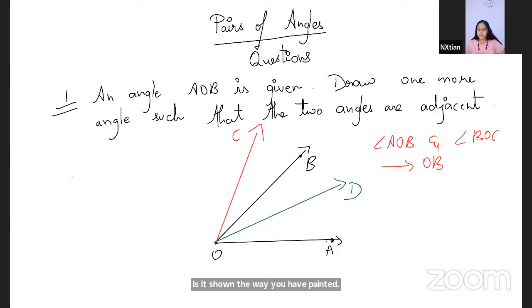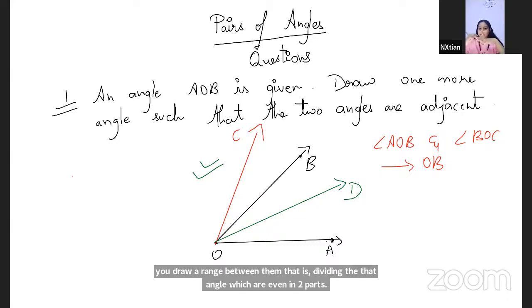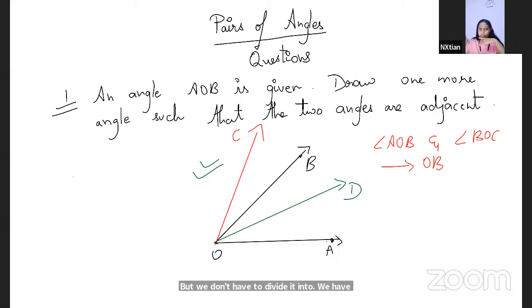Another correct way to make it is this one, OC. Why? Because AOB I already have. That is already one angle given to us, so we have to make another one like this. If you draw a ray in between them, that is dividing the given angle into two parts. But we don't have to divide it in two. We have to draw another angle using the ray. So this one is right, OC is right, and OD.